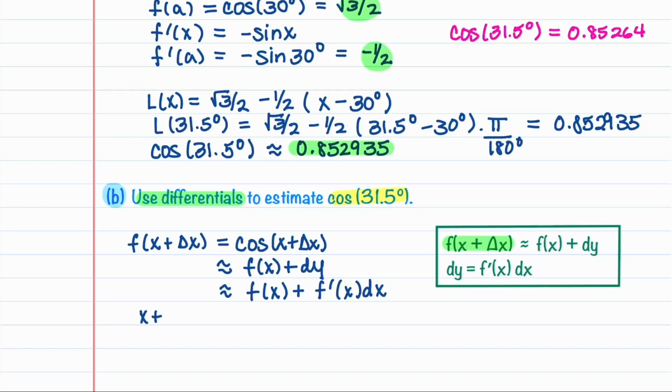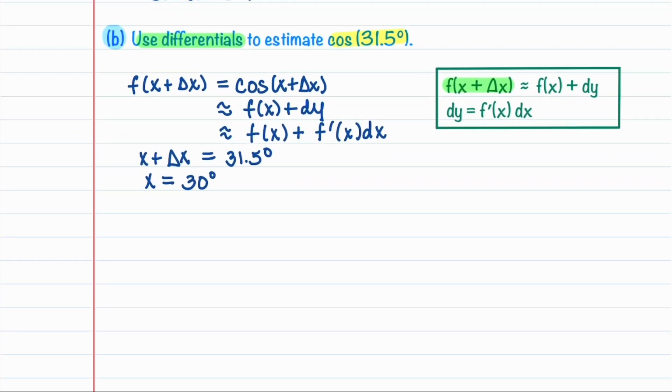X plus delta x is going to be the angle that we're given, and that is 31.5 degrees. And then x is a nearby angle with a known cosine value, and that is going to be 30 degrees. What we need to do now is find f of x and f prime at x.